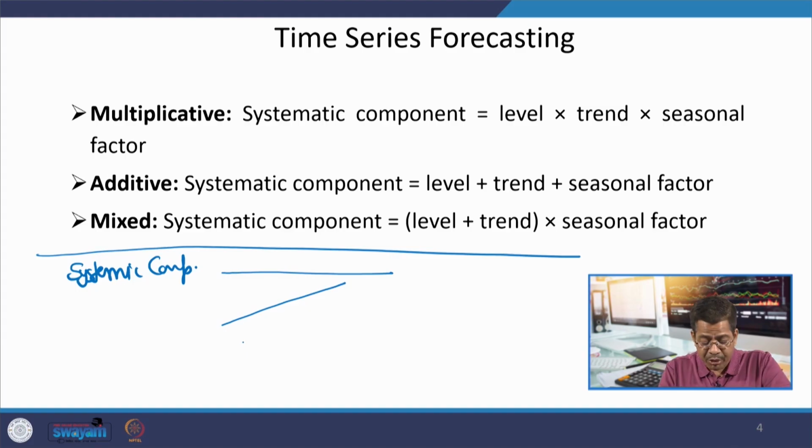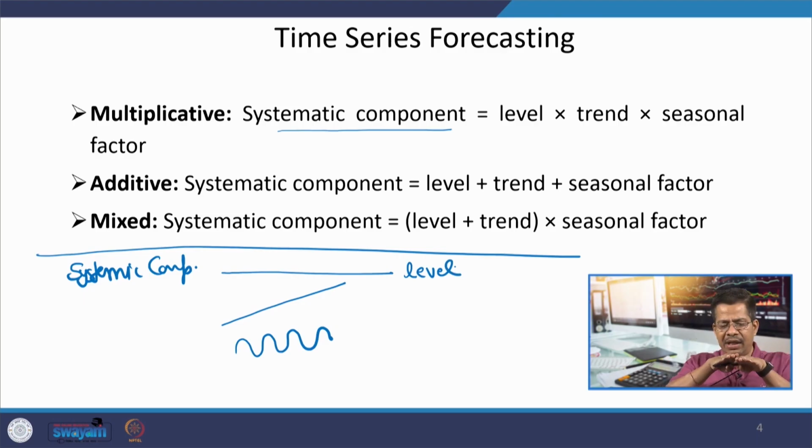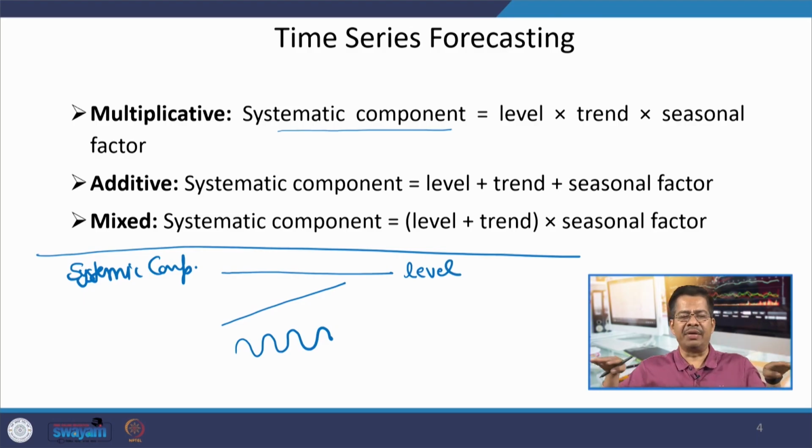A systemic component may have some kind of cyclic movement also. So, all these different types of characteristics are possible in your systemic component. And when you see the systemic component of your demand data, there is level, which means that the data is moving horizontally, parallel to the x axis.